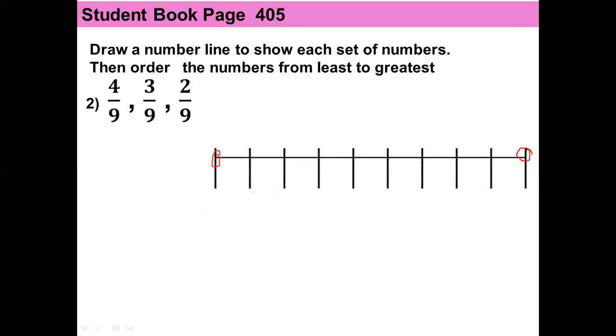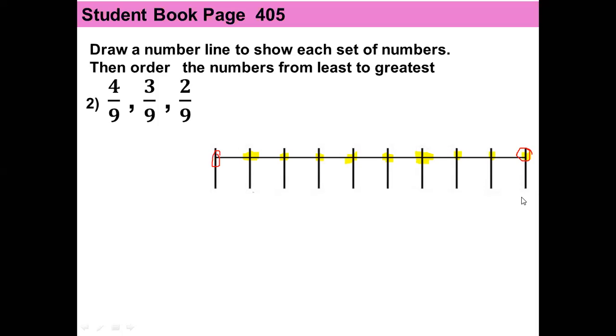So I will divide it into 9 parts. This is 1, this is 2, 3, 4, 5, 6, 7, 8, and this is the last one, which is 9, which represents 1.